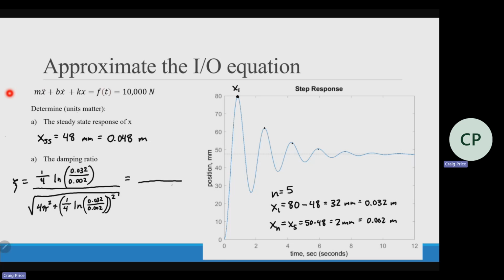So I got the bottom here is 6.3213. Then we have the numerator. It's this. So I got a damping ratio of 0.1097, which is less than 1.